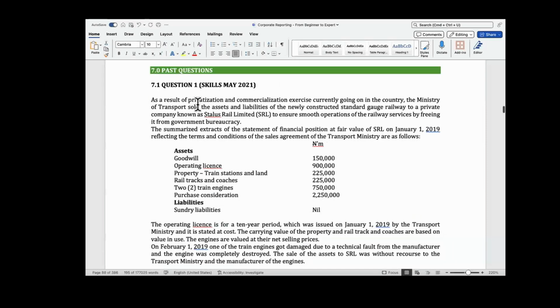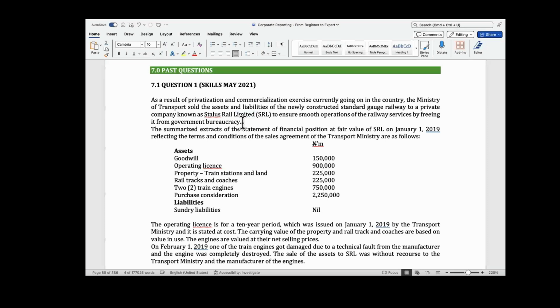So this question says that as a result of privatization and commercialization exercise currently going on in the country, the Ministry of Transport sold the assets and liabilities of the newly constructed Standard Gauge Railway to a private company known as Stalos Railway Limited to ensure smooth operations of the railway's services by freeing it from government bureaucracy.